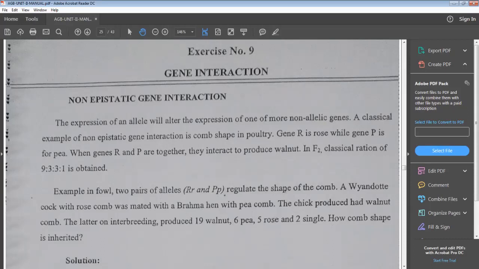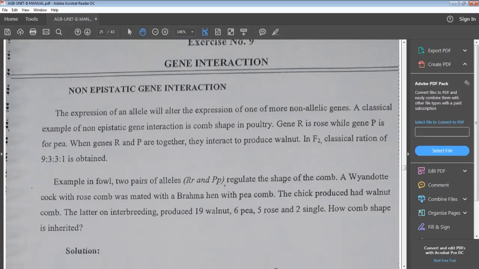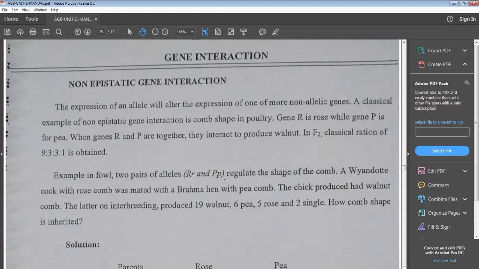If we start with non-epistatic gene interaction, it means that in this kind of gene interaction there is no epistasis. The expression of an allele will alter the expression of one or more non-allelic genes.